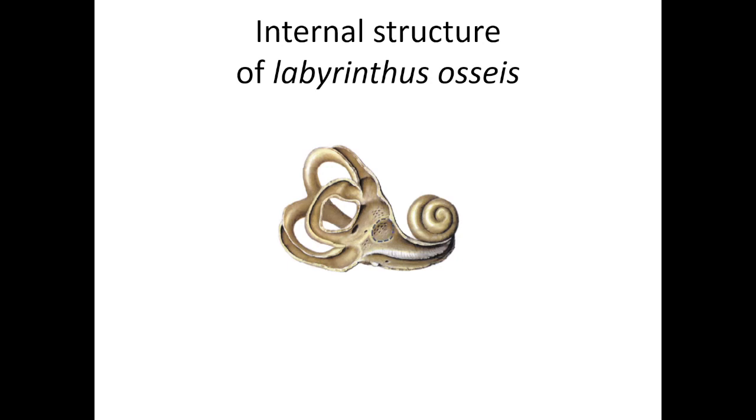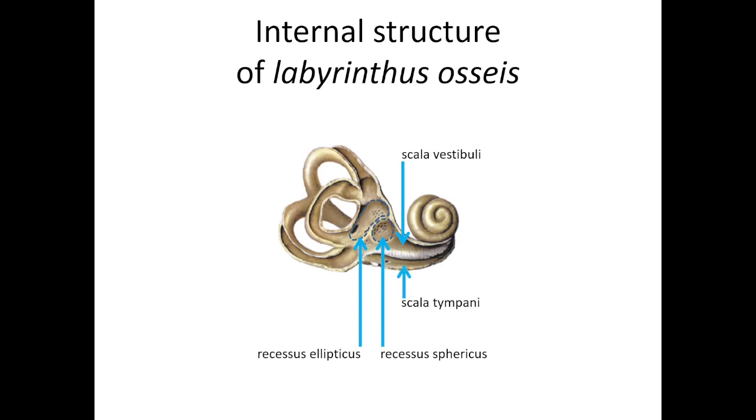And what we can find inside of labyrinthus osseus, this blue dotted line: several fossae, a recessus sphericus and recessus ellipticus. Recessus sphericus and recessus ellipticus. This is scala vestibuli and scala tympani.